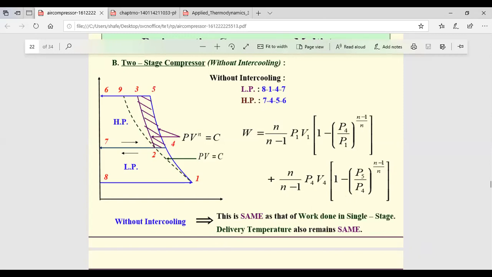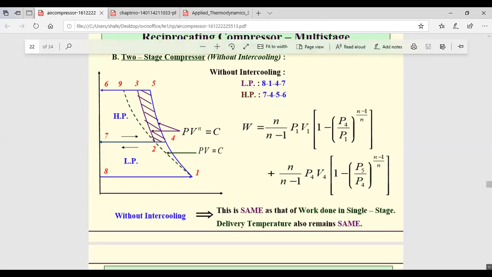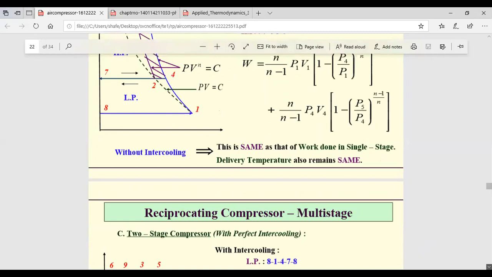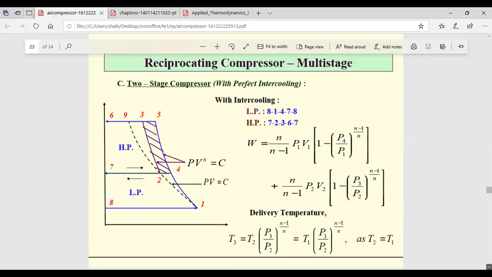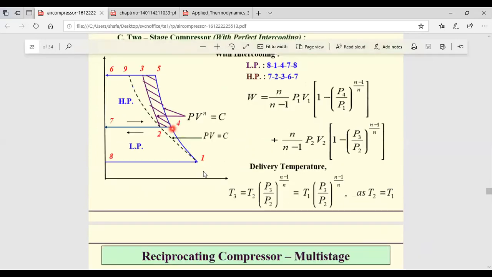Now the last one. Suppose I have perfect intercooling, that is T2 is cooled equal to T1. In that case, there is a slight change: n by n minus 1, P1 V1, 1 minus P4 by P1, where P2 equals P1, plus n by n minus 1, P2 V2, 1 minus P3 by P2 whole to the power of n minus 1 by n.